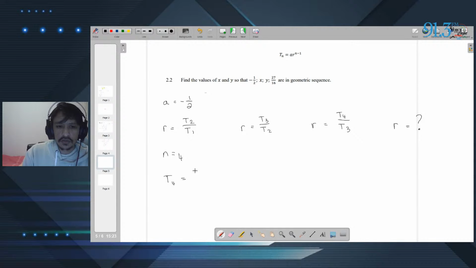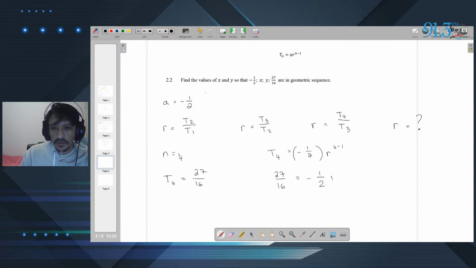T4 is equal to 27 over 16. So here we can say T4 is equal to A, which is negative a half, times R to the power of n minus 1, where n is 4. T4 is 27 over 16. This is going to be equal to negative a half with R to the power of 3.